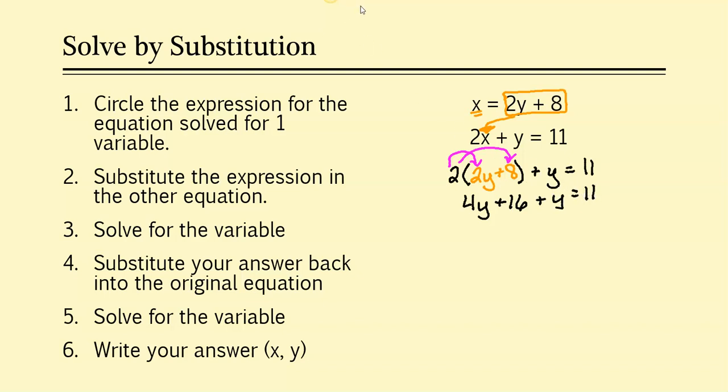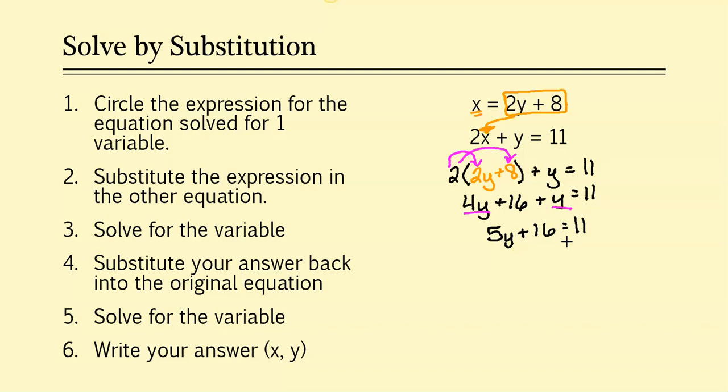All right. Now I have like terms on the same side of the equal sign because I have 4y and y here. So I need to combine those. They're both positive, so 4y plus another y is going to give me 5y. So I now have 5y plus 16 equals 11.